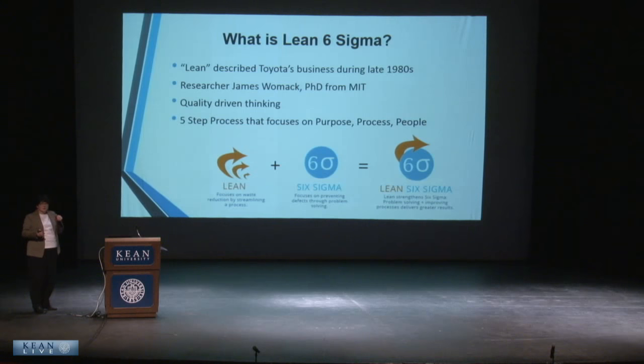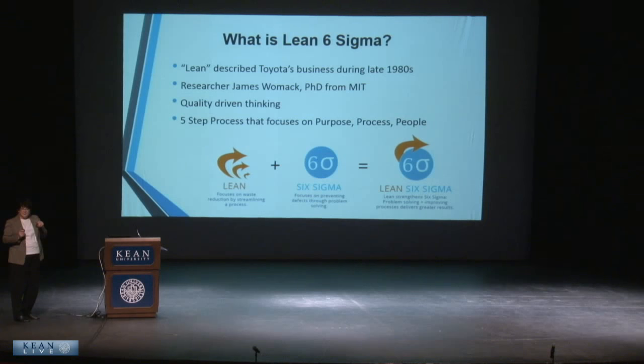But they were having problems with quality, and this was in the 80s. So Dr. Womack put together this team, and they came up with a 5-step process, but it addresses 3 core areas: people, purpose, and process. And it all focuses on quality.